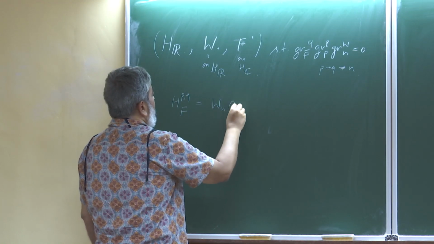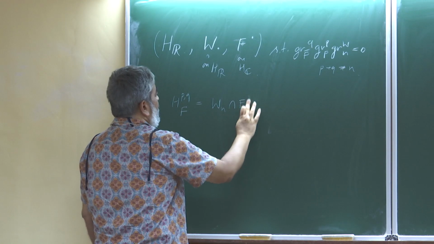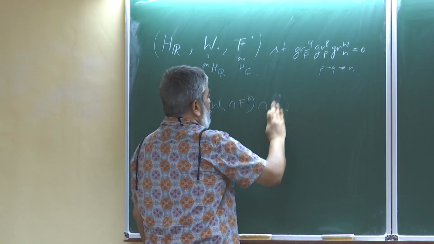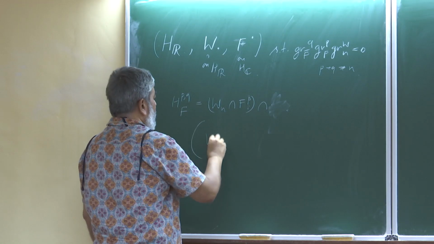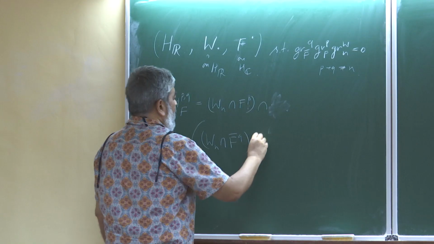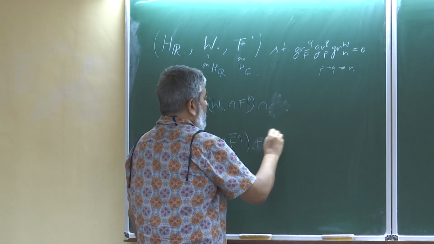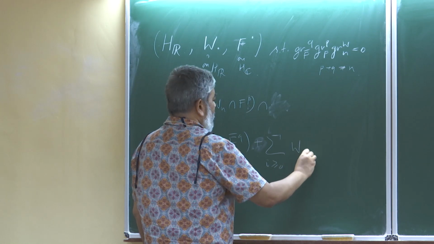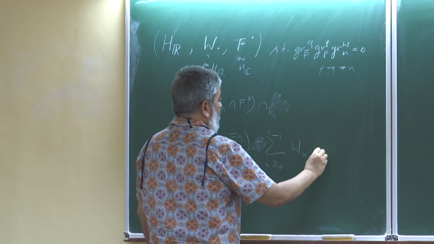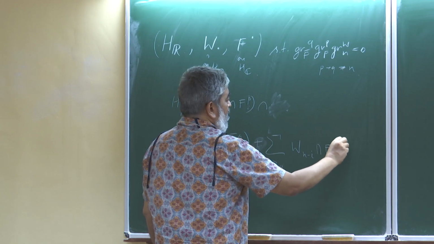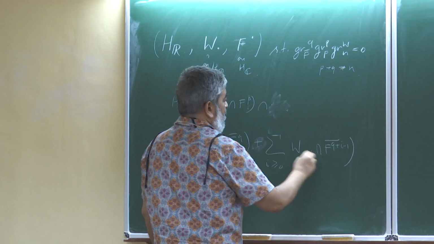It is W_n intersection F^p, intersection W_n intersection F^q bar plus the sum over i greater than or equal to 0 of W_{n-i} intersection F^{q+i-1} bar.